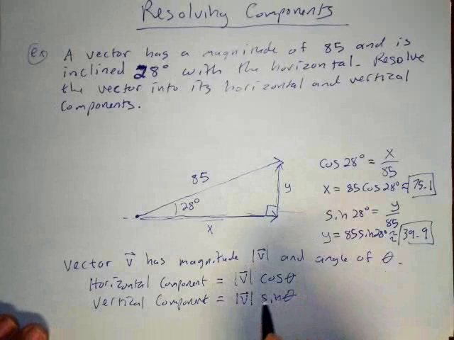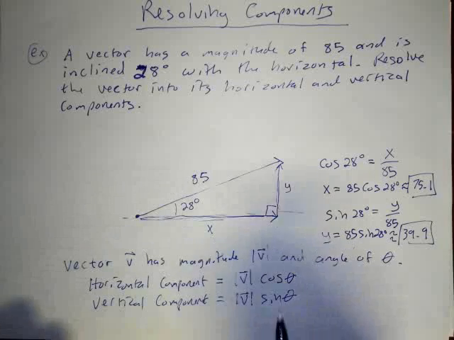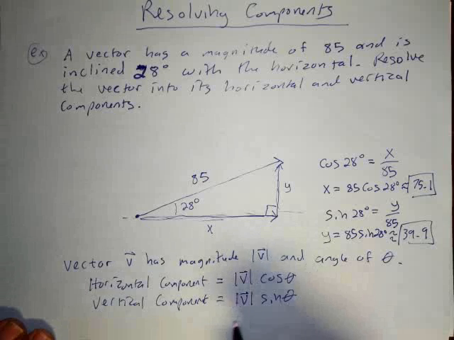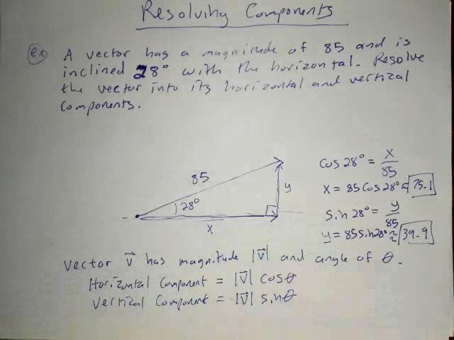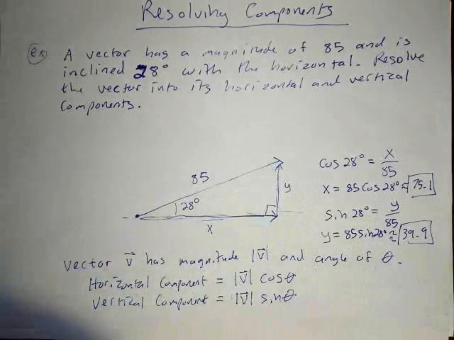It's very similar to polar coordinates, with x equal to r times cosine theta and y equal to r times sine theta. So that resolves the vector into the horizontal and vertical components.